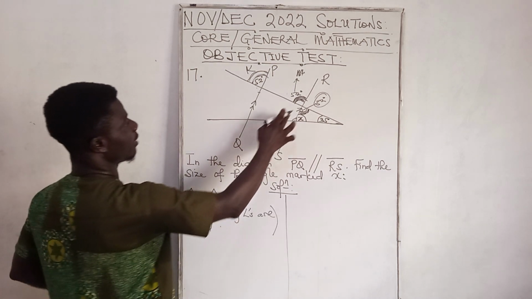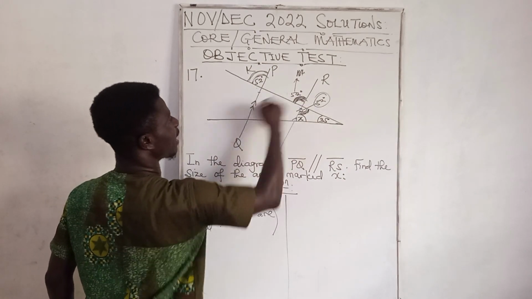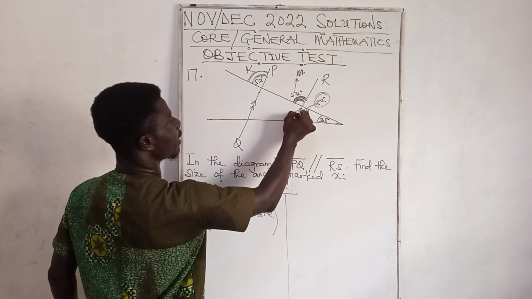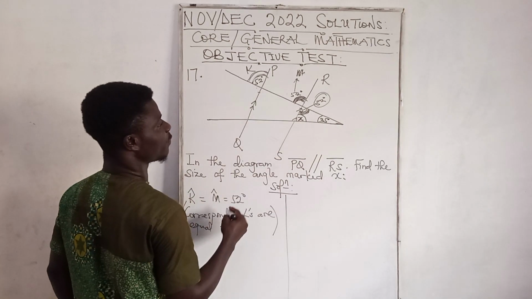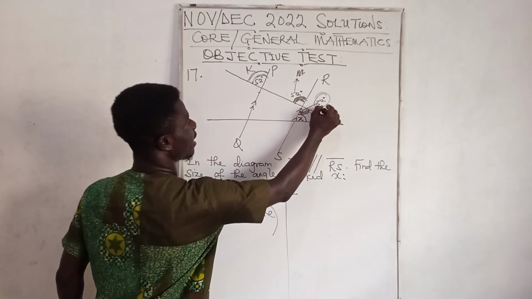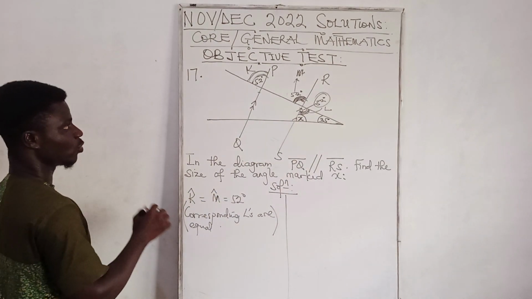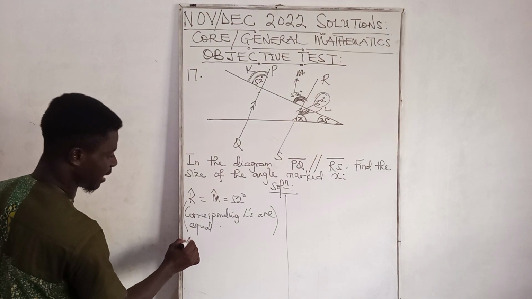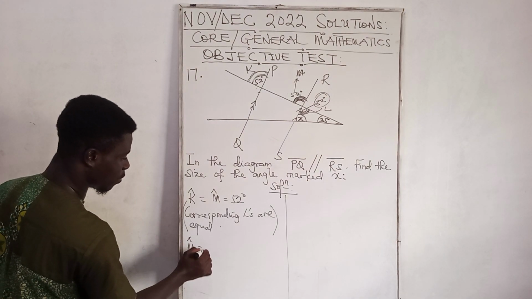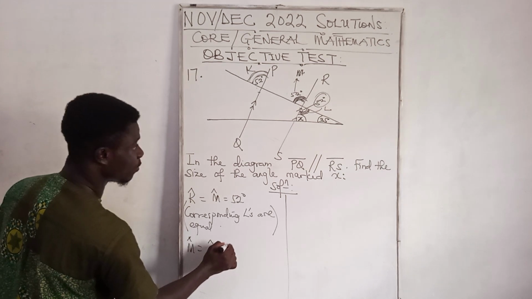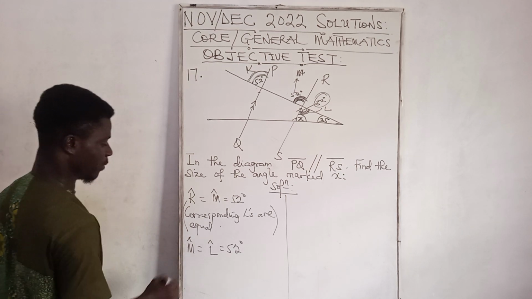Right. Then we can say that this angle 52 is equal to this angle 52 here. So let's say here is angle L, right? So I can say that angle M is equal to angle L, which is equal to 52 degrees. Why?